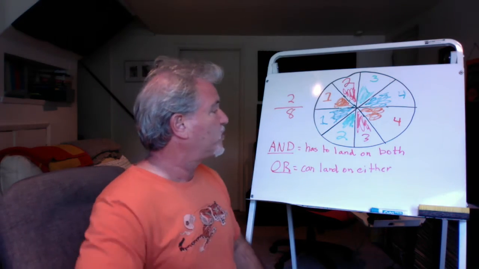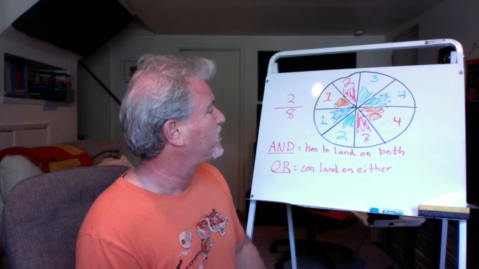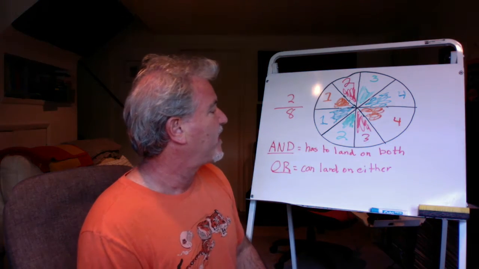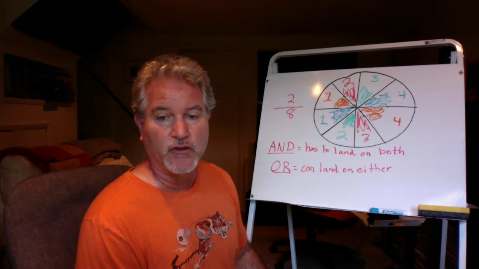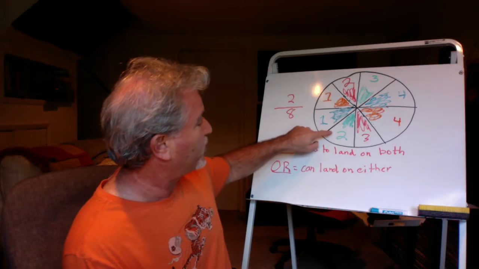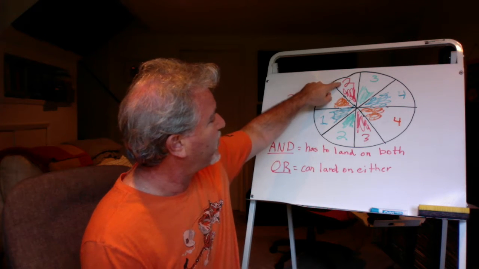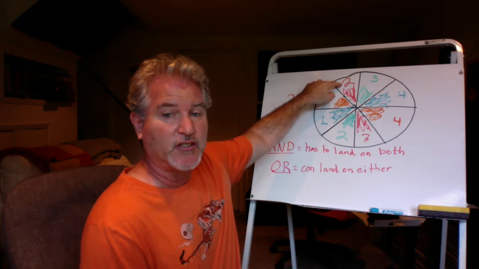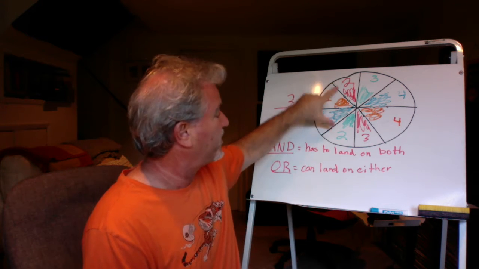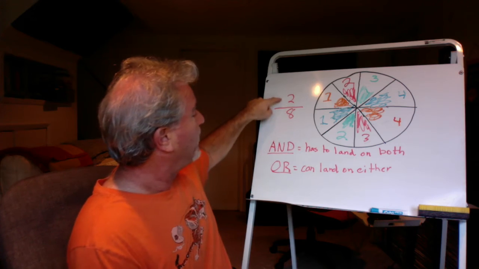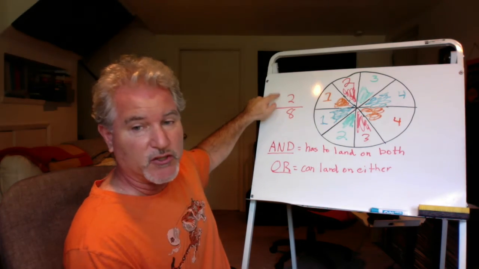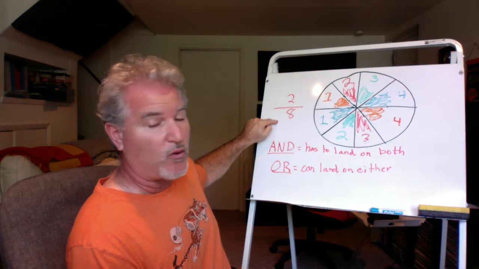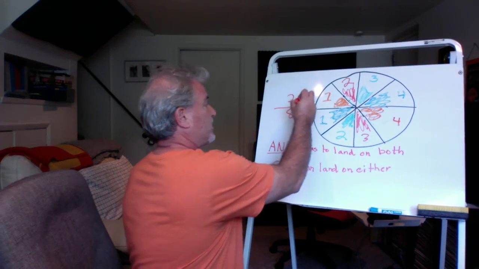By the same token, if I ask what's the probability that it lands on a 2, I've got a green 2 and a red 2. It doesn't matter what color it is because we only asked about a 2. So the probability would also be 2 out of 8, or 1 out of 4 if you want to simplify.